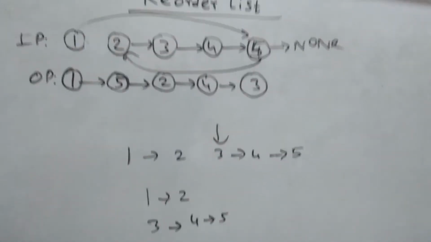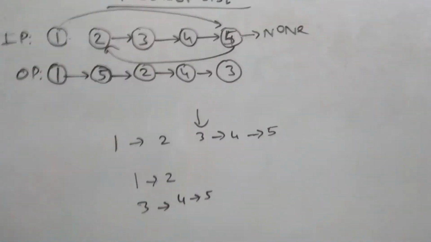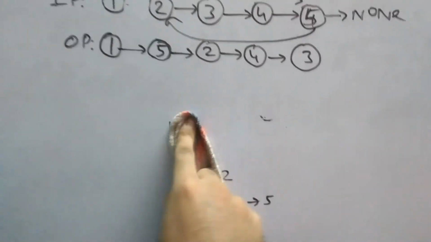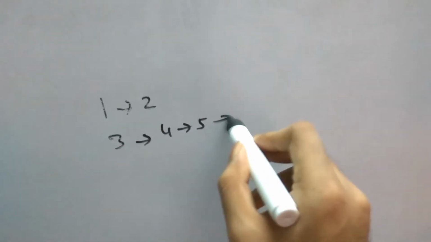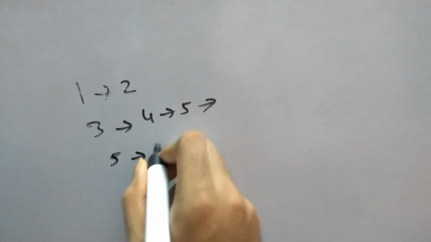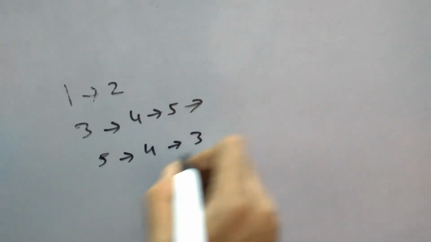Now we have two separate linked lists, and we just have to reverse the second linked list. After reversal, the second linked list will be 5 4 and 3.